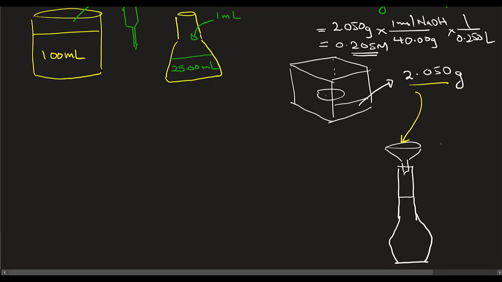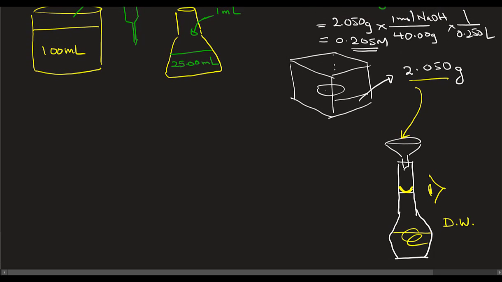Then you transfer your pellets from the weighing boat through the funnel to the volumetric flask, add distilled water to about half the level, and swirl it. Then you add water with the squeeze bottle up to the meniscus at the eye-level mark. So you fill exactly to the meniscus, right? And now you have the standardized sodium hydroxide solution.